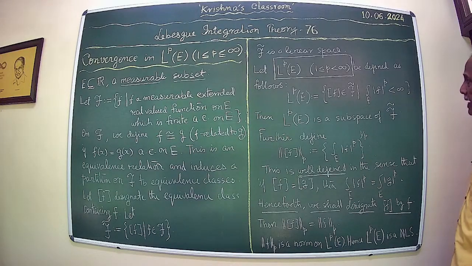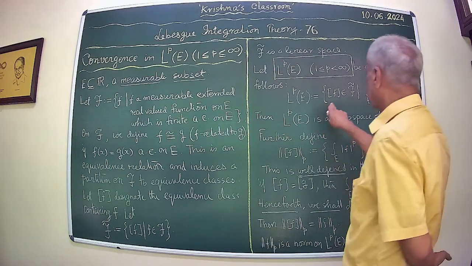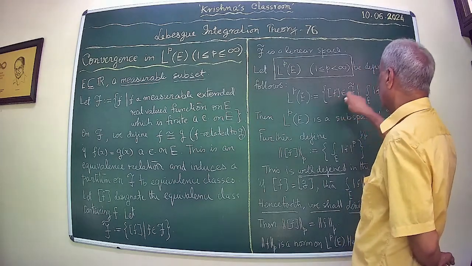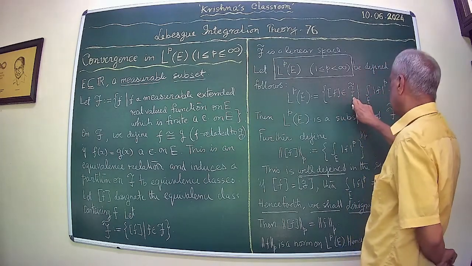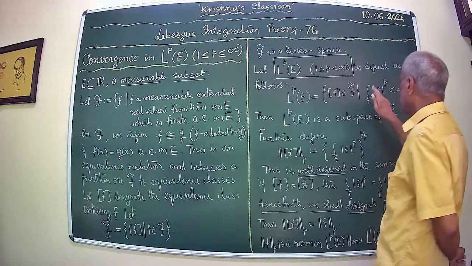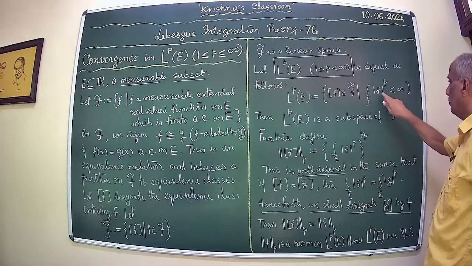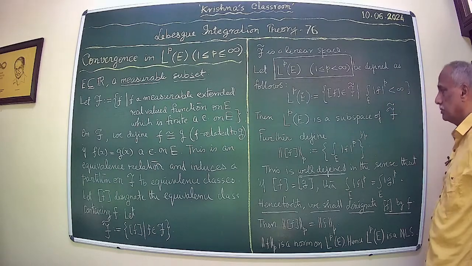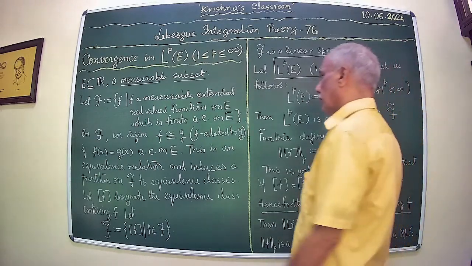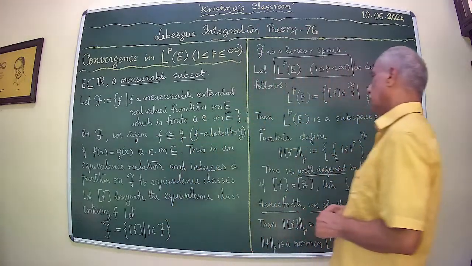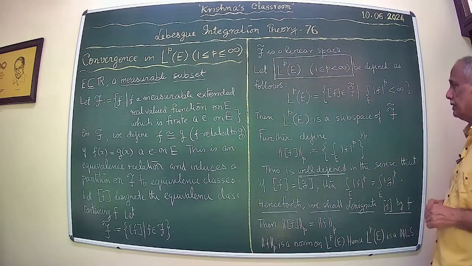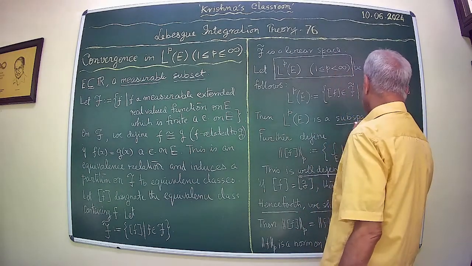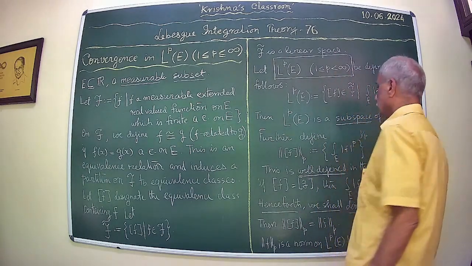L^p(E) is defined as follows: it is the set of all equivalence classes bracket f in F tilde with the property that the integral over E of |f|^p is finite. So we take a subclass from F tilde. Then one can easily show that this is a subspace of F tilde.